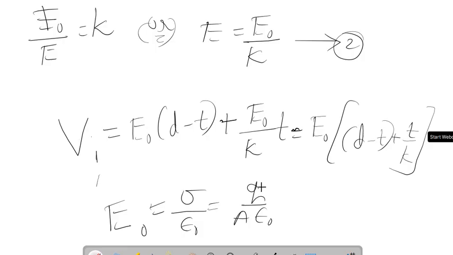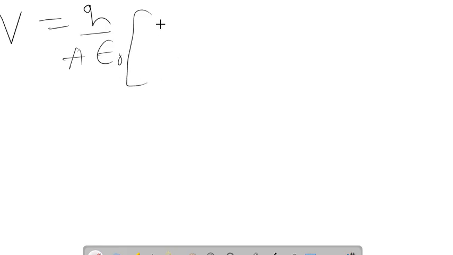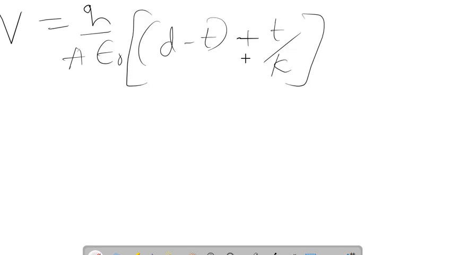We have derived this in the parallel plate capacitor, where the surface charge density sigma is equal to Q by A. Substituting the E naught value, the potential becomes Q divided by A into epsilon naught, times D minus T plus T by K. This is the potential difference.